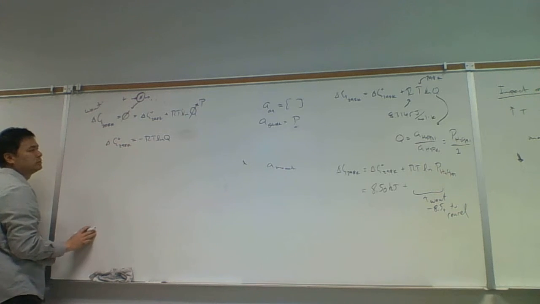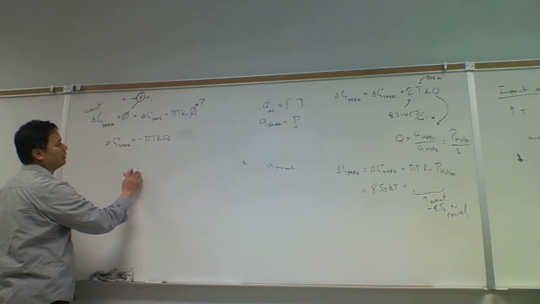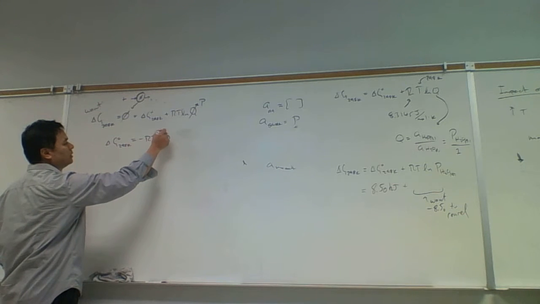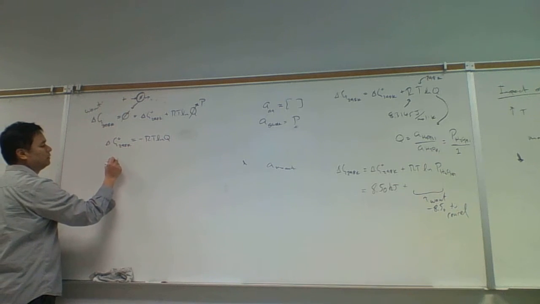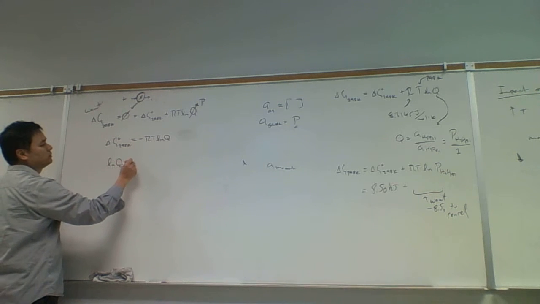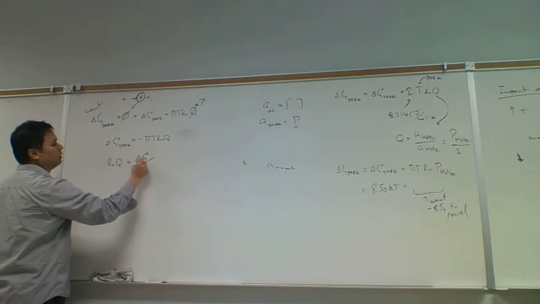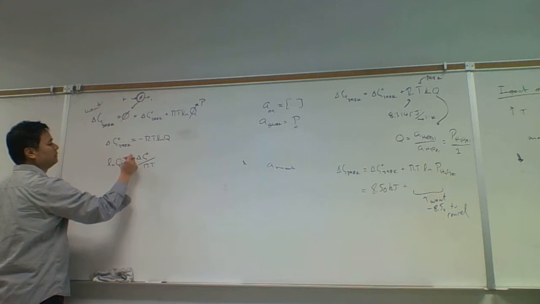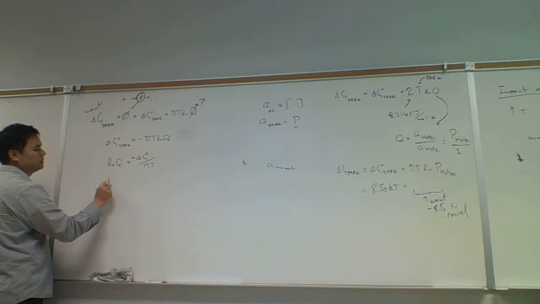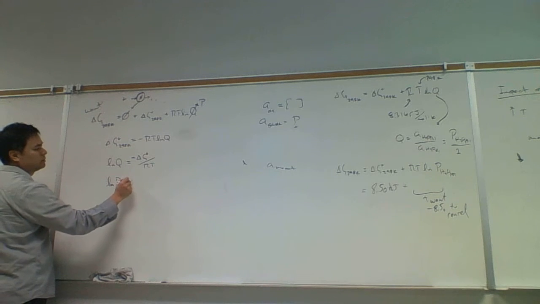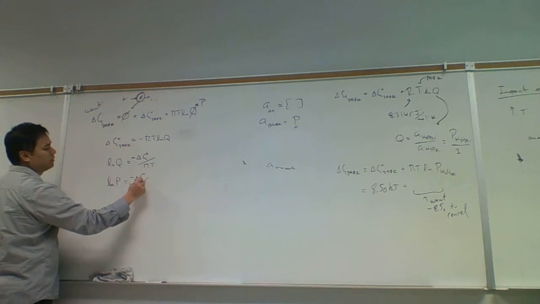Then we're going to solve for the pressure. Ln of Q, which is the pressure, is equal to minus delta G naught over RT. Ln of P is equal to minus delta G naught over RT.